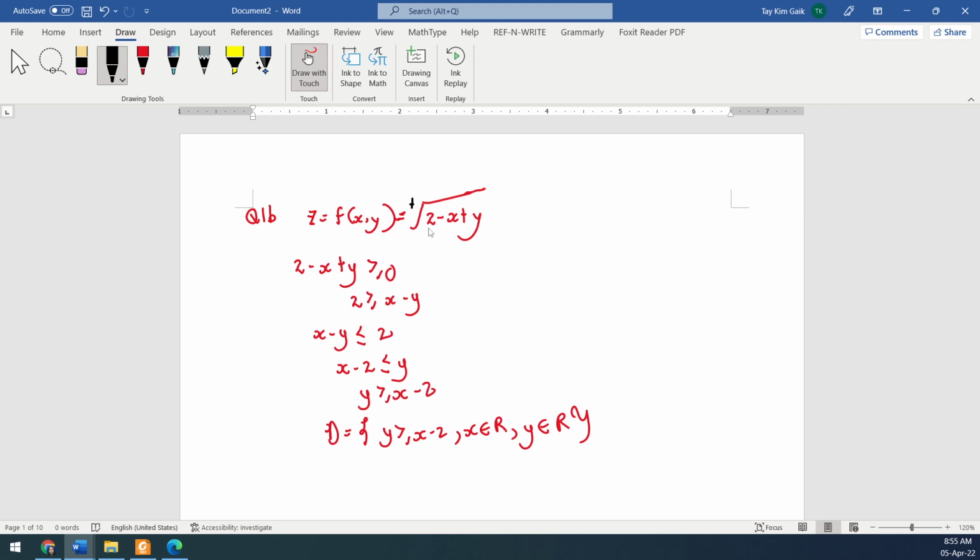So if you have the square root of 0, then you get 0. If this one is greater than 0, the answer is positive. That's why your range is actually z greater than or equal to 0, where z is a member of real numbers. So can you understand it?